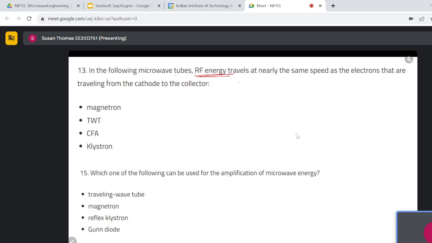Okay, so the question is, we are given a few tubes: magnetron, TWT, CFA, which is nothing but crossed field amplifier, and the klystron. In which among these are the electrons moving at the same speed as the RF energy, which moves from the cathode to the collector?